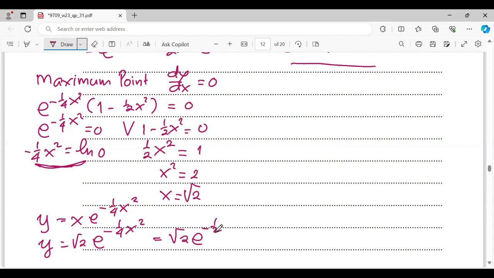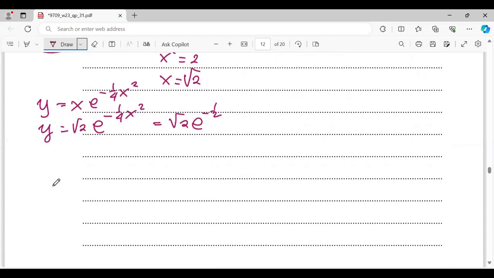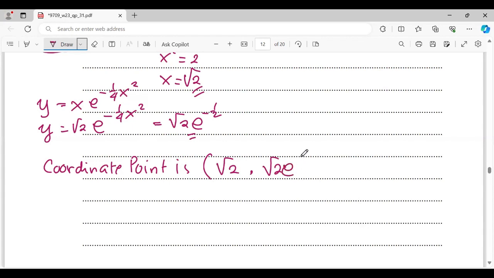Yeah, so the coordinate point is x comma y, square root 2 comma square root 2 e power minus half.